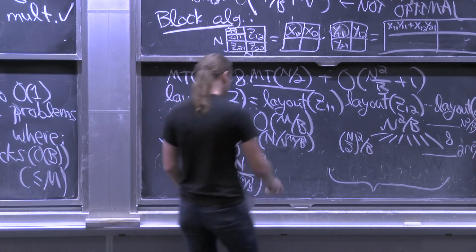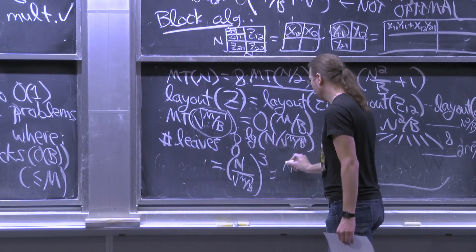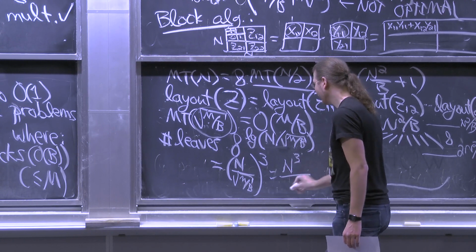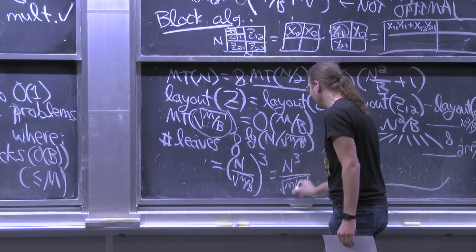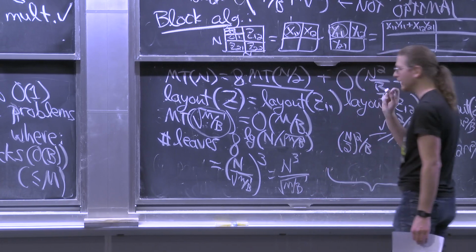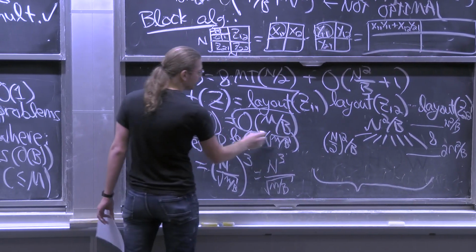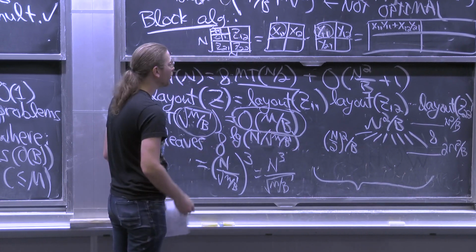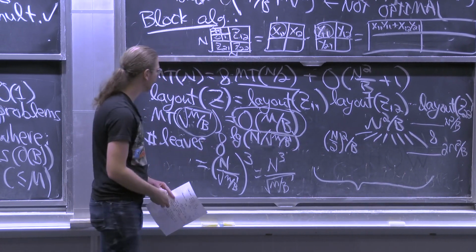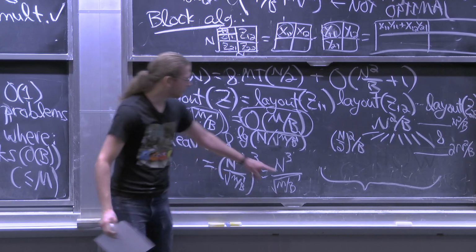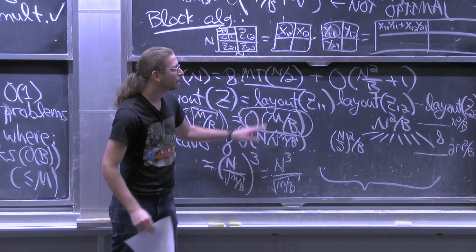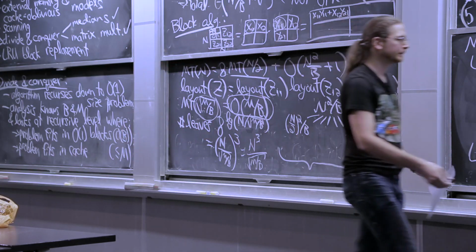This is n cubed, that should appear somewhere, divided by square root of M over B. This is the number of leaves. Now, for each leaf, we're paying this cost. So the overall cost of M_T of n is going to be this times this. So let's do that and simplify.